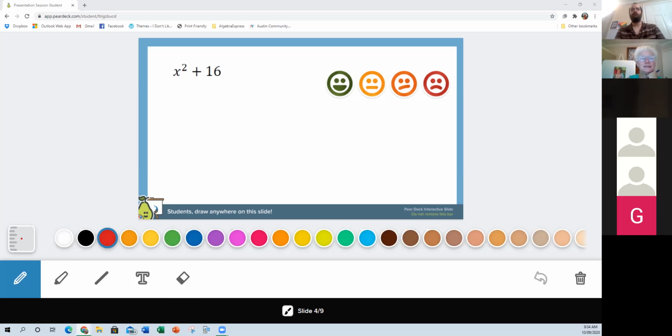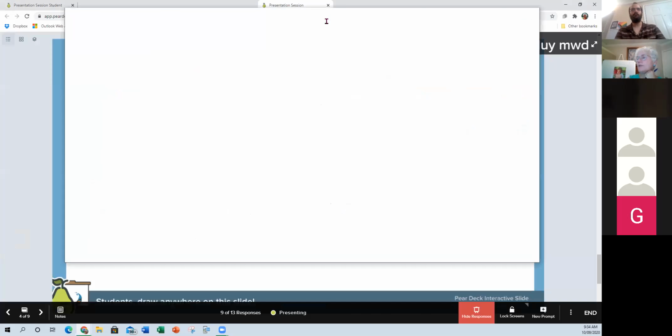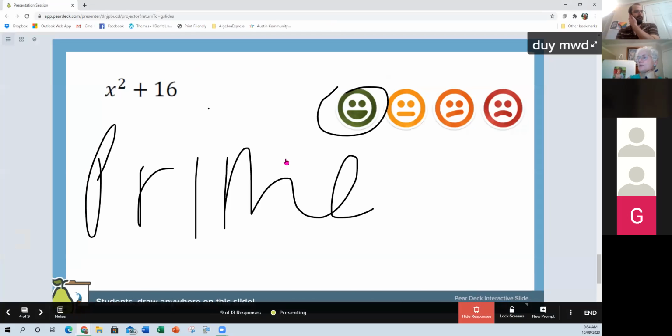Okay. All right, I was hoping that everyone would do what this person did and just go, oh, I'm so happy she gave me this one. It's prime because there's a plus between the squared terms and you can't factor that. So that one is prime. If you have a binomial, there's no GCF and there's a plus between the terms, it doesn't matter if they're perfect squares or not, it'll be prime.